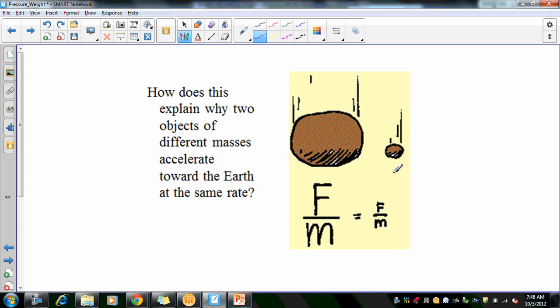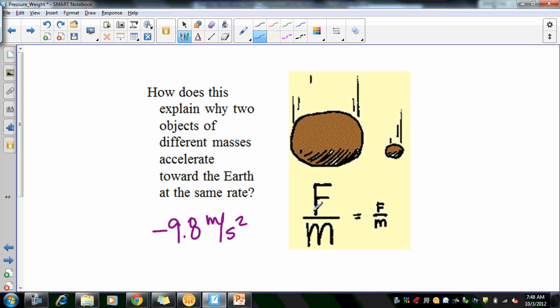So how does this equation explain why two objects of different mass accelerate toward the Earth at the same rate? Remember we said that it doesn't matter what the mass is, objects will always fall at negative 9.8 meters per second squared. Well, now we can actually explain why. The reason is that the larger mass has a larger force of gravity pulling it down.